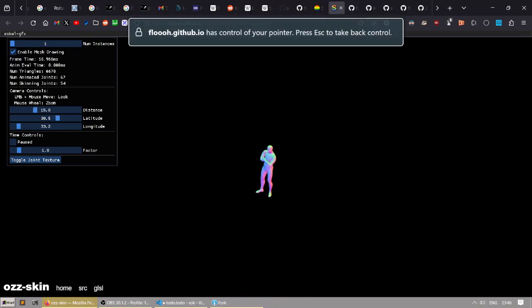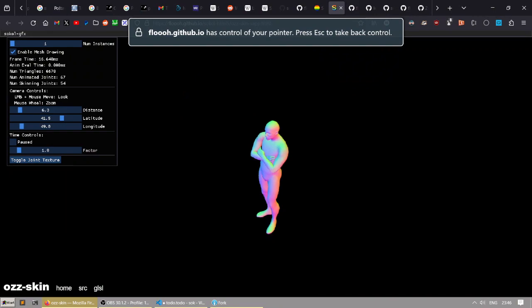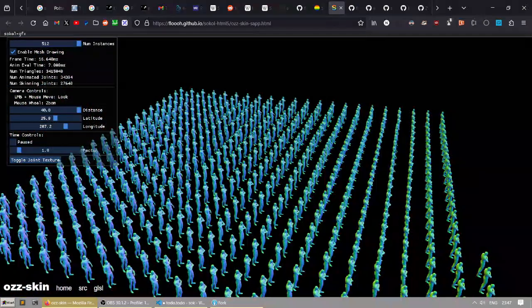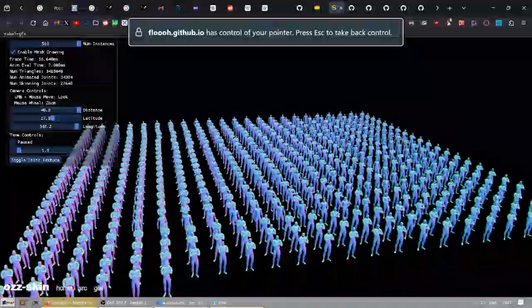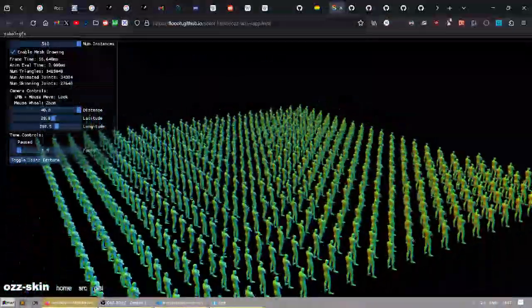Oh, GitHub IO has control of your pointer. It's kind of weird. So this one is running at like 60 frames per second. Maybe not on stream, but normally it does. And you can just increase the number of instances to like 500, and there's absolutely no frame drops, which is pretty amazing.